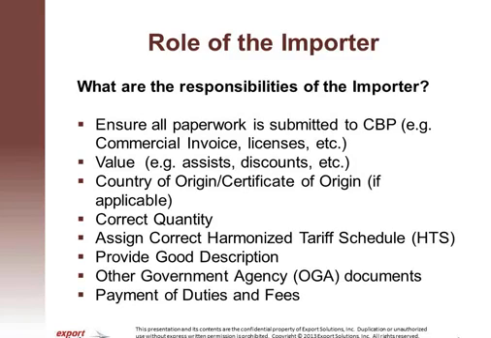So if you're bringing in things like drugs and food, you need to make sure you have the specific documents for that. Things like computers and electronics may require an FCC certification. Those other documents also have to be submitted at the time of import. And then, of course, you're responsible for the payment of any duties and fees to customs.